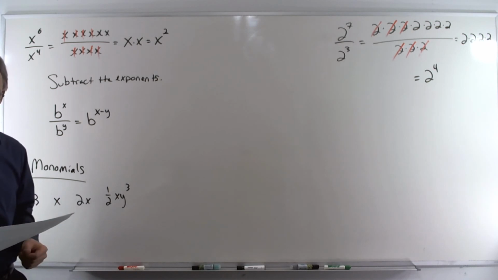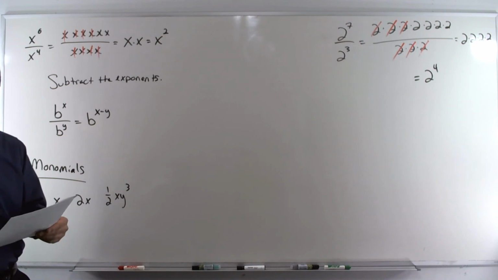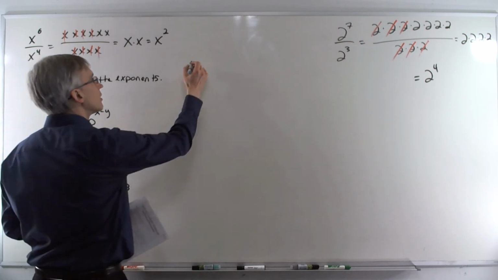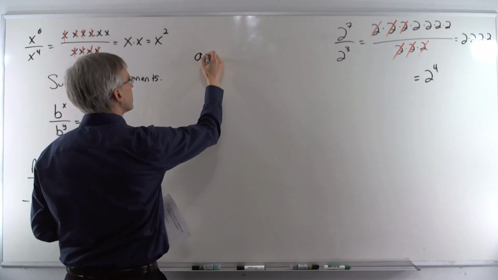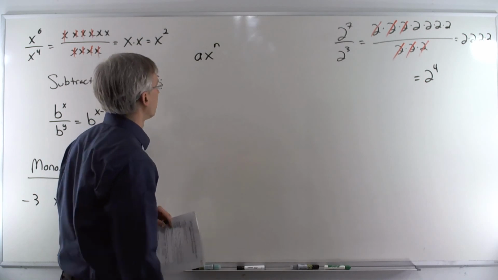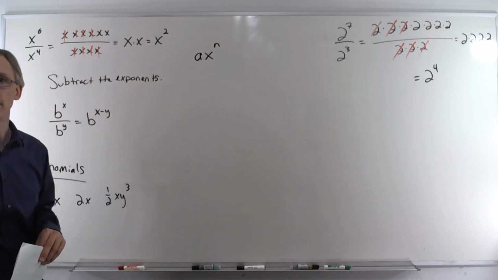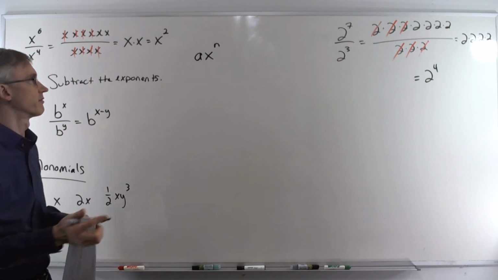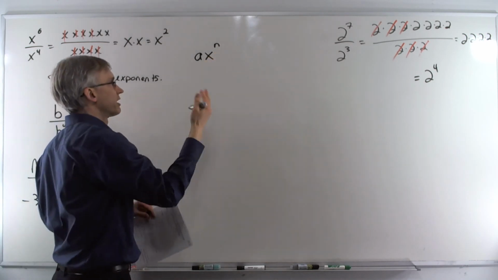Now a polynomial is a specific type of expression, and all the terms have the form some number times a variable, and that variable may have an exponent. The exponents can only be whole numbers, they can only be positive. Can't have any fractions up here, can't have any negative numbers.